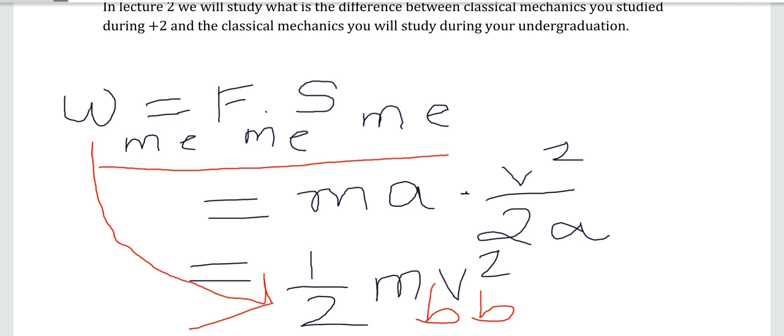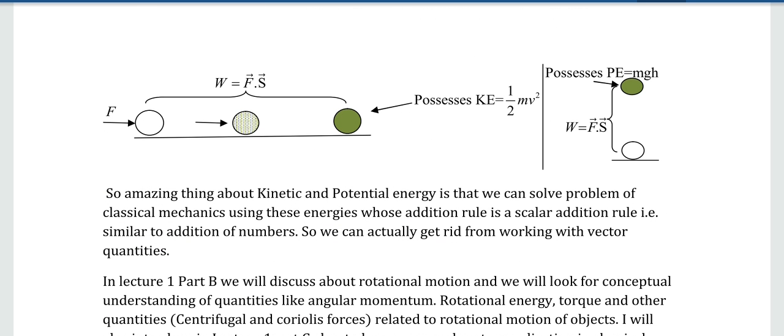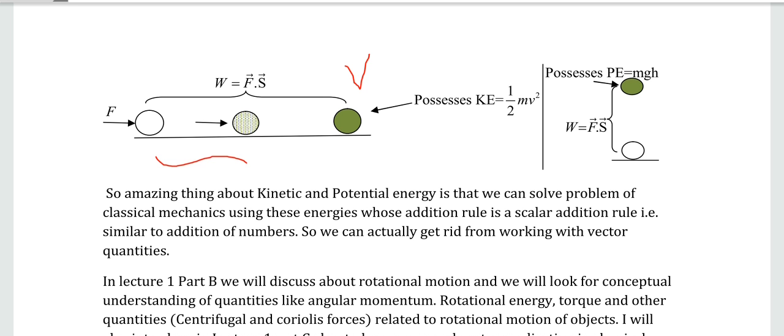When I say final velocity, it means the velocity that the ball achieves here, because the force acts till distance s, and till s there is an acceleration, and after s there is no acceleration. So the ball will achieve a final velocity which is v.